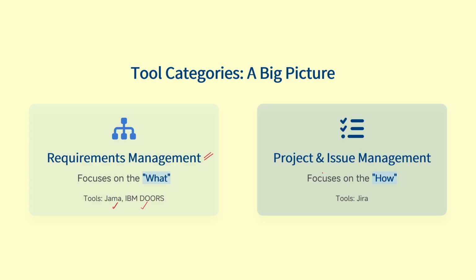And for project and issue management, which is like bug tracking, and which module is assigned to which corresponding human resource, and in what stage it is, whether it is in progress or completed or bugs or whatever. So, it is trying to identify the end-to-end progress of that corresponding process.